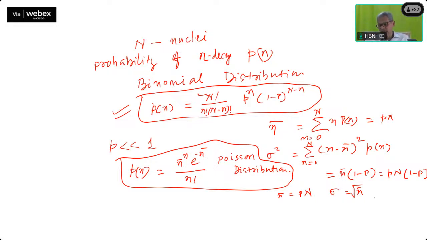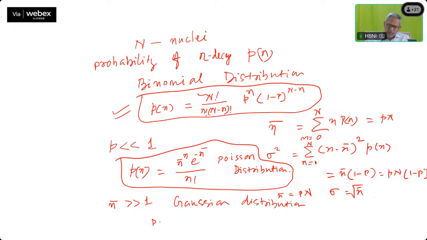These things are good when your n average is close to 0. But when your n average is large, very much greater than 1, then you get a distribution known as the Gaussian distribution.